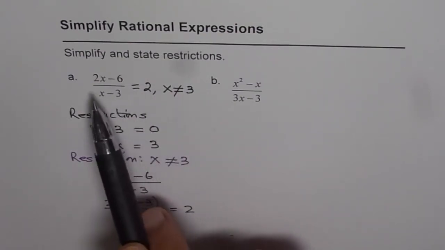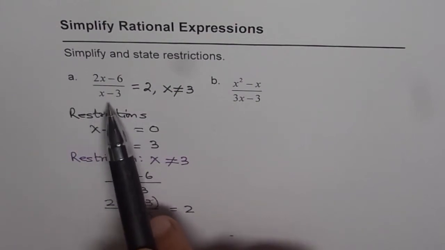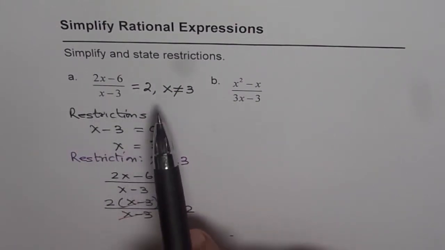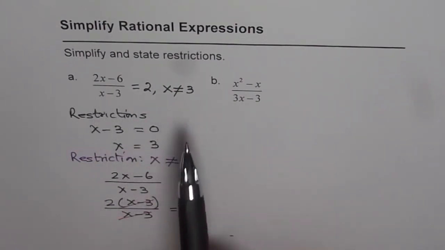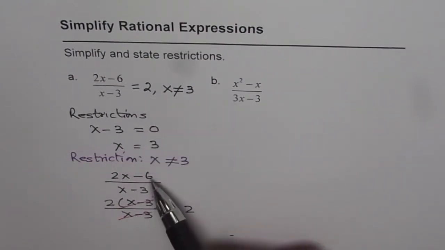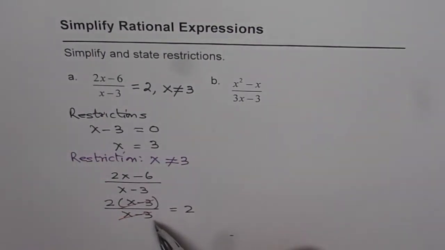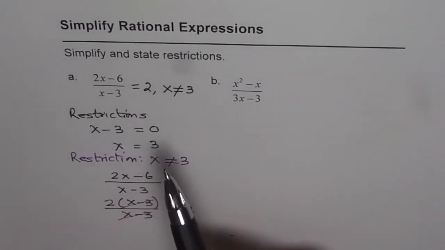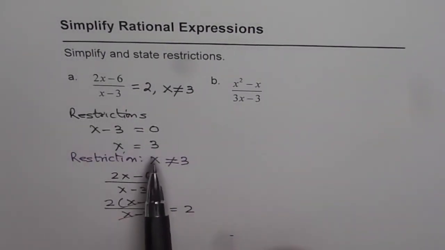Do you see that? So 2x minus 6 divided by x minus 3 is equal to 2, where x is not equal to 3. So we got 2 by simplifying, by factoring and cancelling common factors, and the restriction by equating the denominator to 0, right? So that is the process.